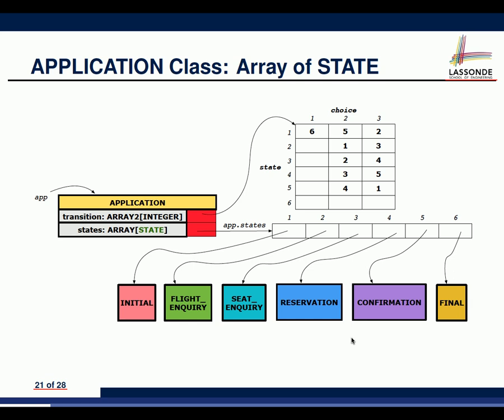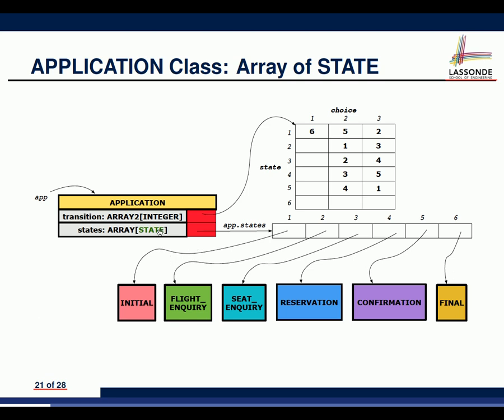That's kind of the visualization you want to have. We have 2 attributes that we're going to see. We're going to have some application objects for which we define 2 important attributes. Number 1, we define the states, which will be just an array of states. Remember what we said before, an array of students is polymorphic, which means every element in the array can just be a descendant class of state.